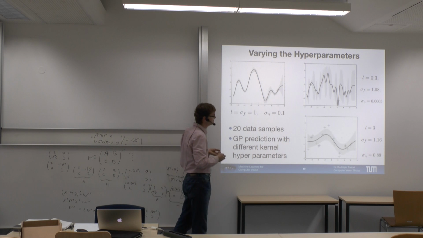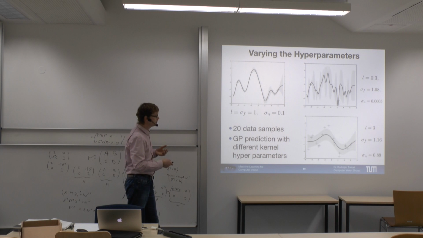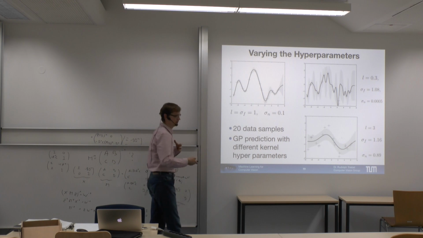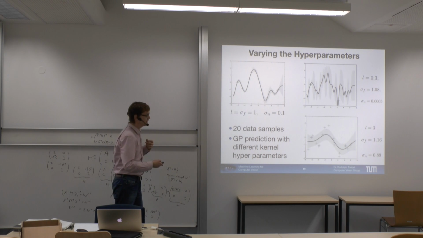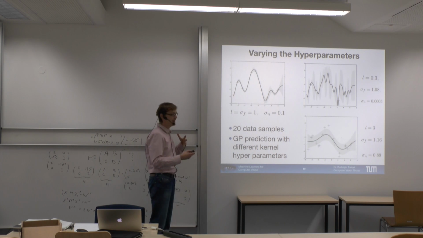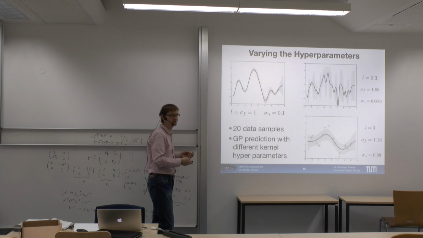Whereas if you increase the length scale, then the influence of the data points increases as well. So there, things are much more correlated with each other, right? This covariance function should be less sparse, and this is more sparse, right?